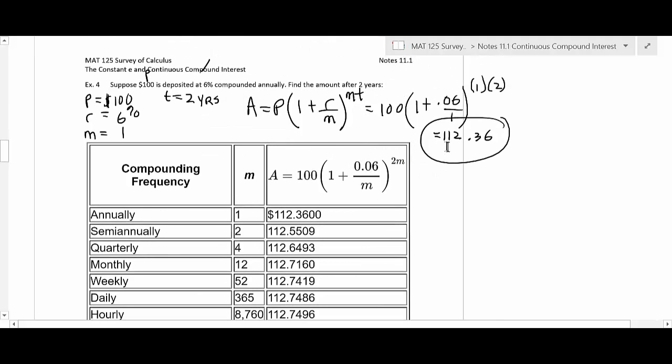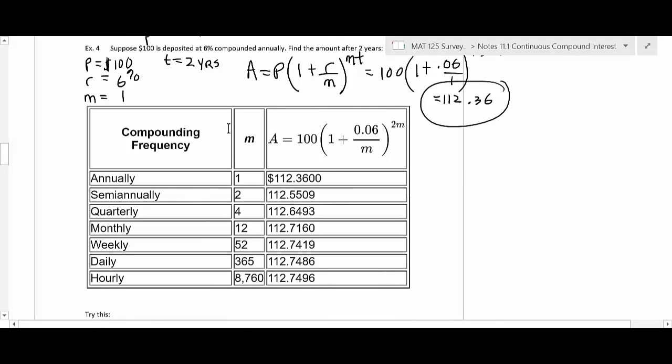Let me talk about this first of all. What I did is I took this out of the book because it's kind of a good chart. What we just did is we just found that amount. Semi-annually means that you're going to do interest twice a year, every 6 months. Quarterly is 4 times, monthly 12 times, weekly 52, daily 365.